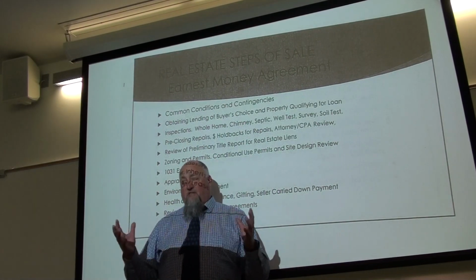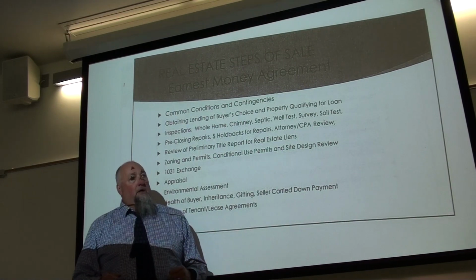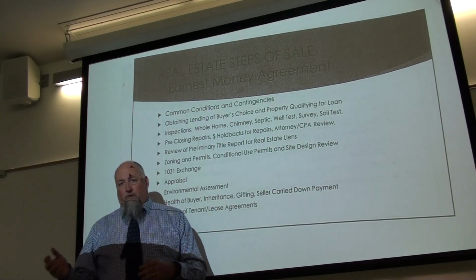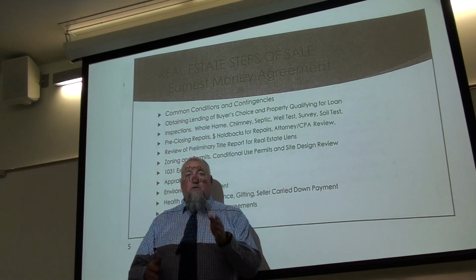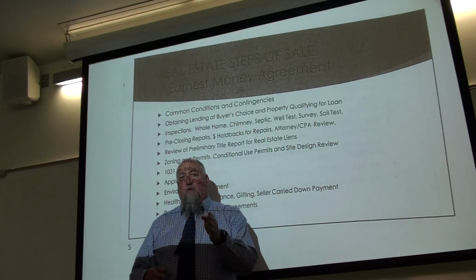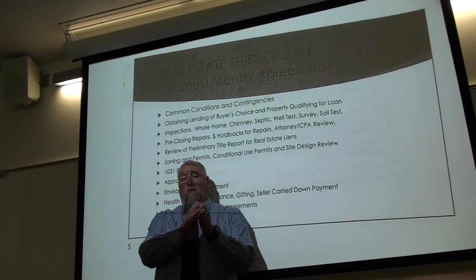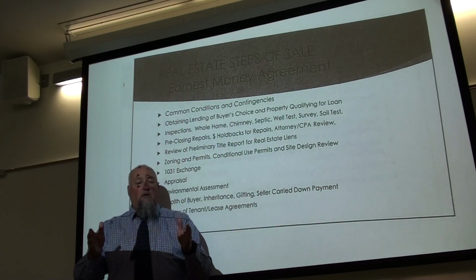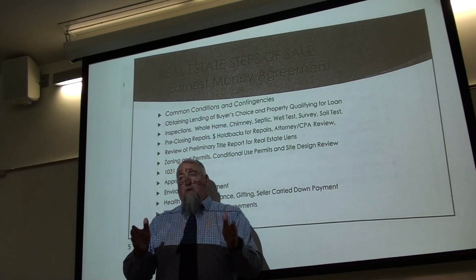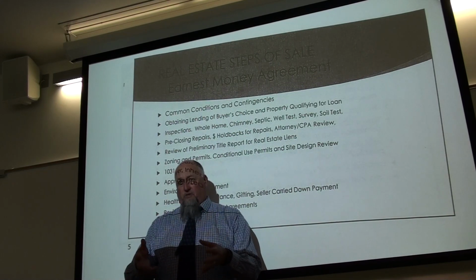So these are things that the buyer is going to want to do before closing. Now when we talk about the earnest money agreement, in a residential sale, usually what's going to happen is you'll enter into the agreement, and then there will usually be a 30 to 45 or 60 day period after you enter into the agreement for the buyer to do investigation, what we call due diligence.